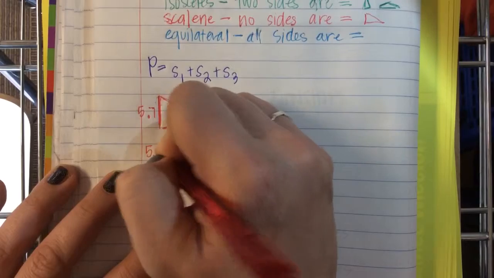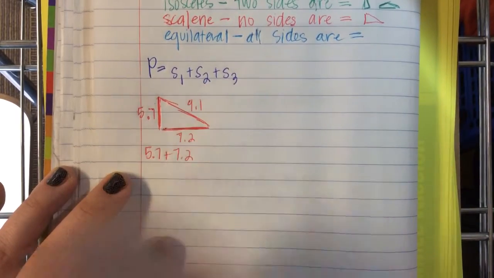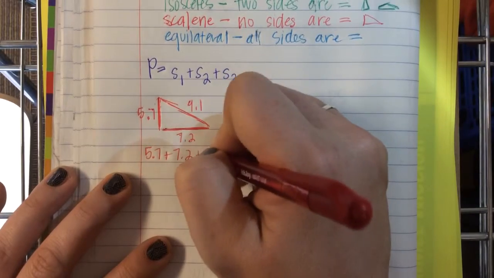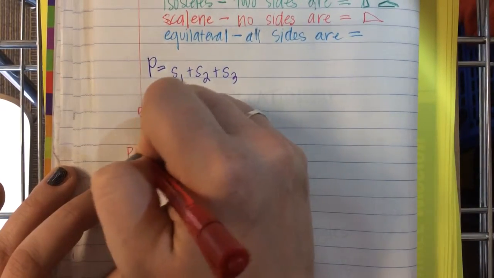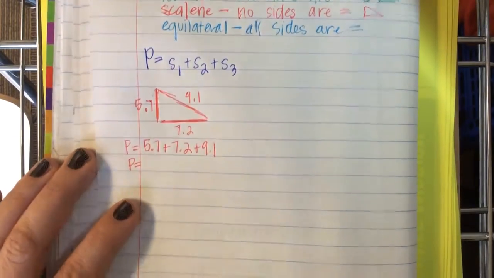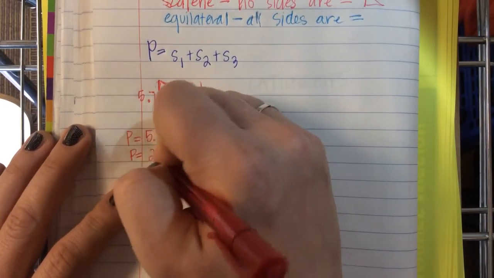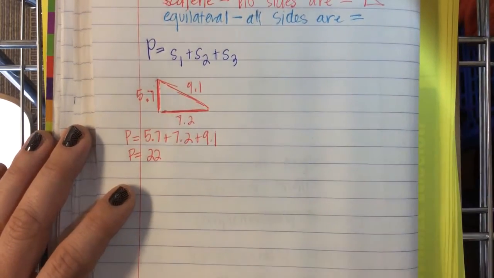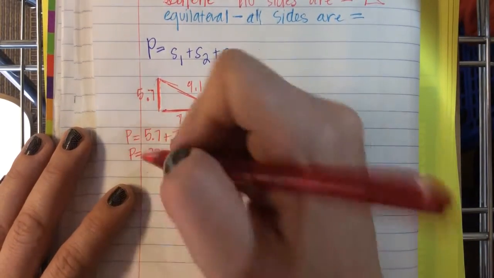So you do 5.7 plus 7.2 plus 9.1 for the perimeter. Side 1 plus side 2 plus side 3. 22 exactly. 22 what? It doesn't have a label. Units.